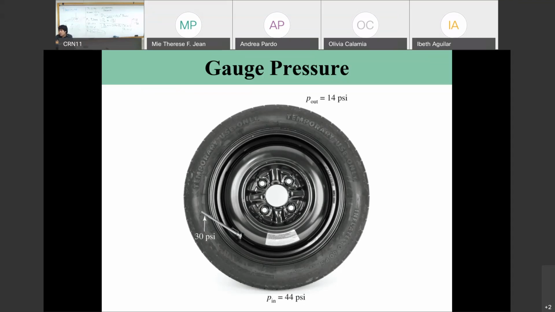So if the pressure outside is around 14, and it makes sense because the atmospheric pressure is around 14.7 psi, 1 atmosphere. So when you measure the pressure of your tire and you get 30 in the gauge, you know that the real inside pressure is the gauge pressure that you measure plus the atmospheric pressure.